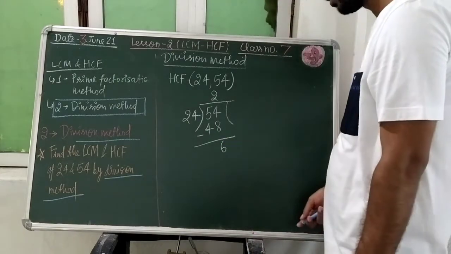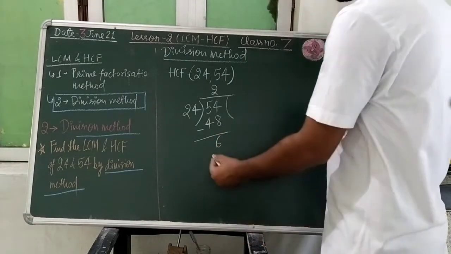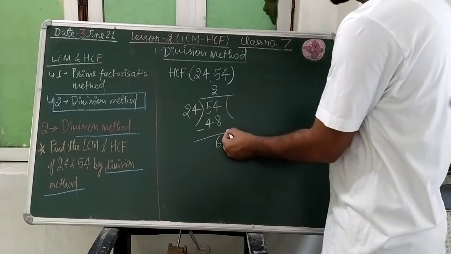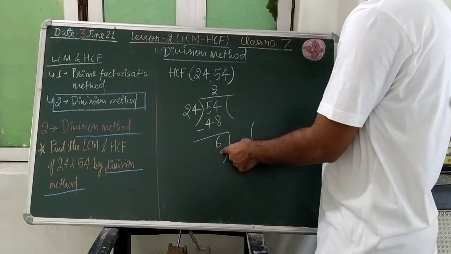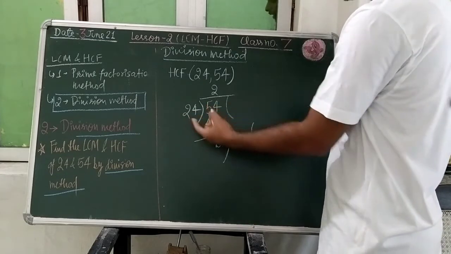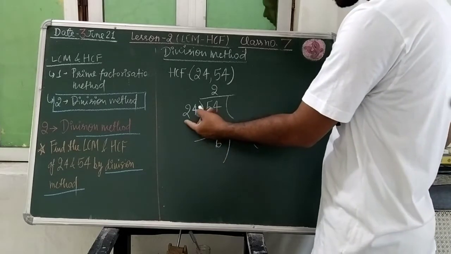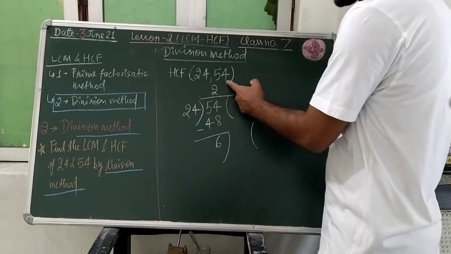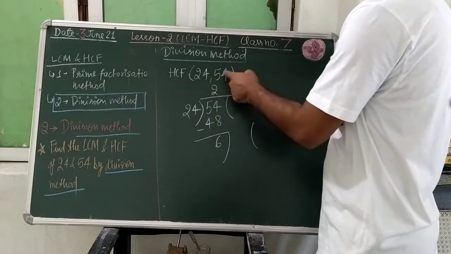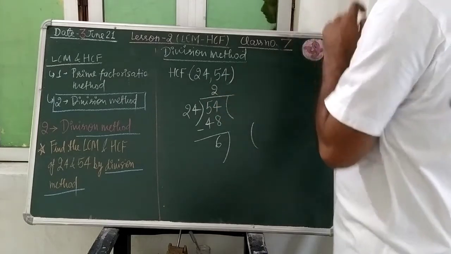So look, students, we are getting remainder 6. Whatever remainder comes here, that remainder will divide the divisor of the earlier case. In the earlier case, you had divided the elder brother by the smaller brother, so 54 divided by 24.